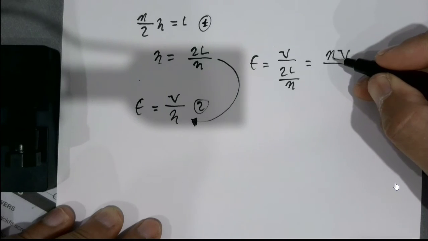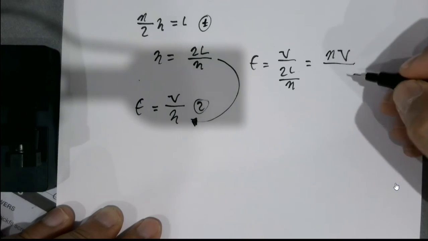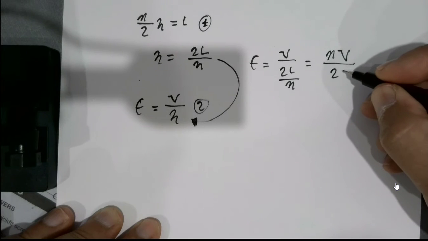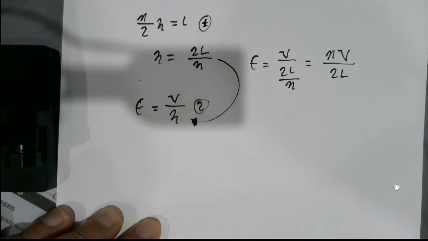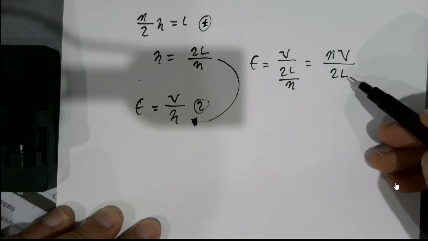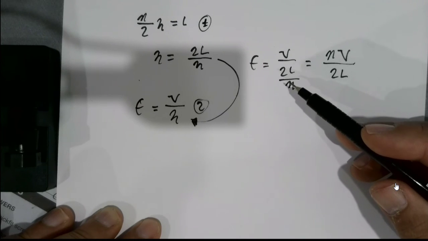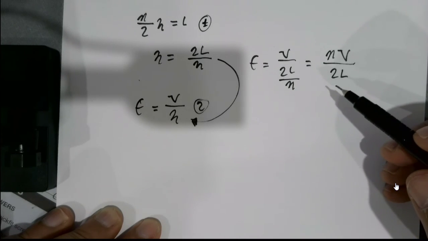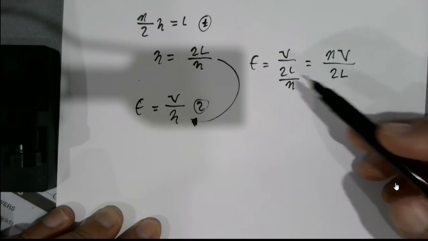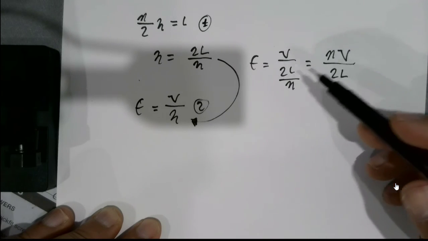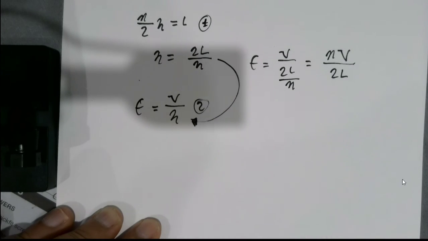When it's the fundamental harmonic, that's a 1, so that becomes negligible, and we get that portion. So now we've got the expression for the frequency experienced by a particular open pipe with respect to its length.